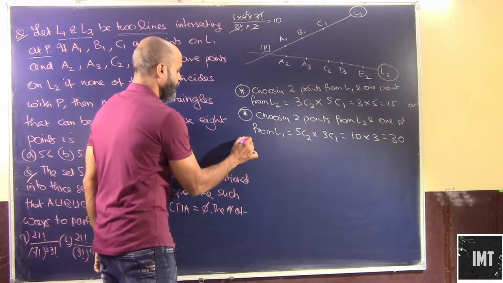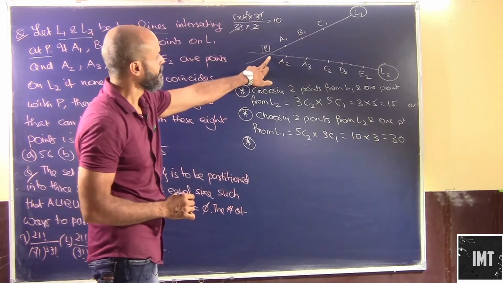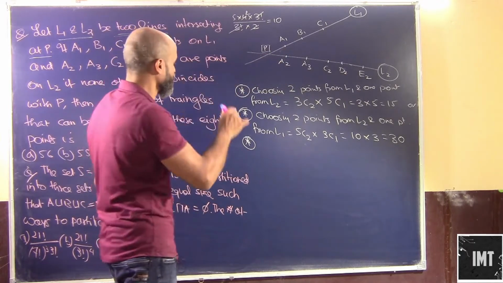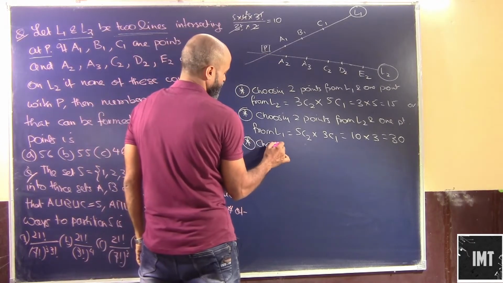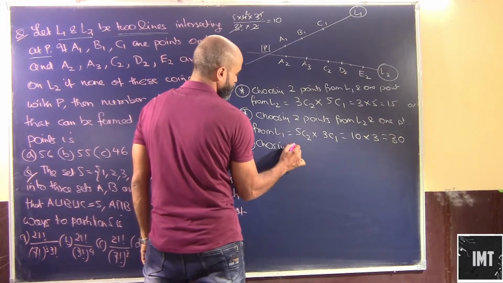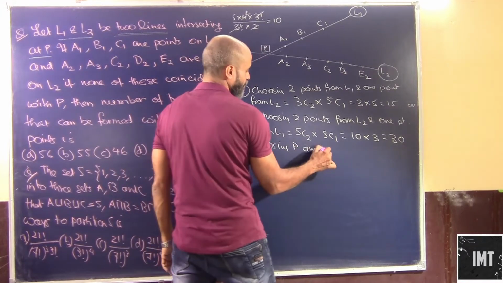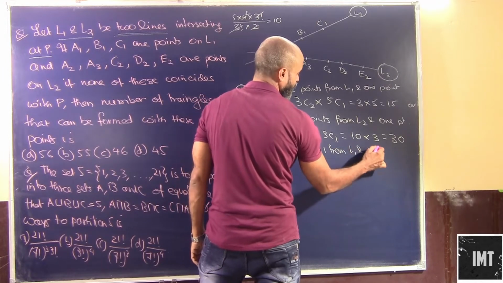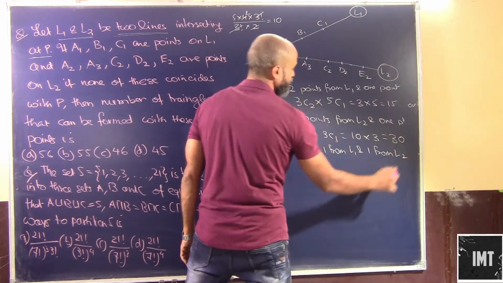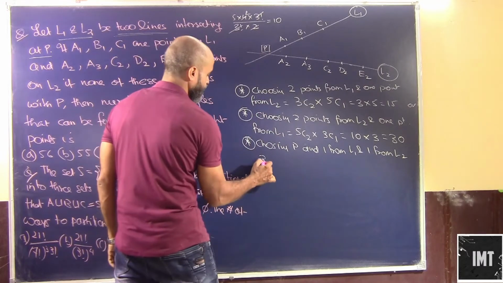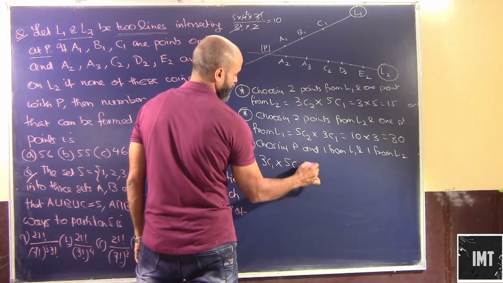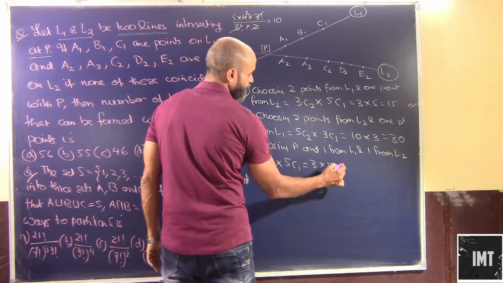And what would be the other case? If we take P as constant, 1 from here and 1 from here, choosing P and 1 from L1 and 1 from L2. Now this can be done in 3C1 into 5C1, so that will be 3 into 5, that is 15.